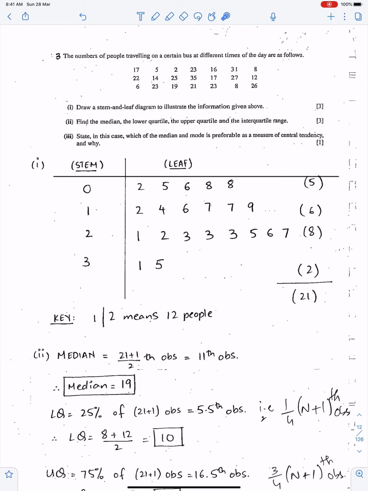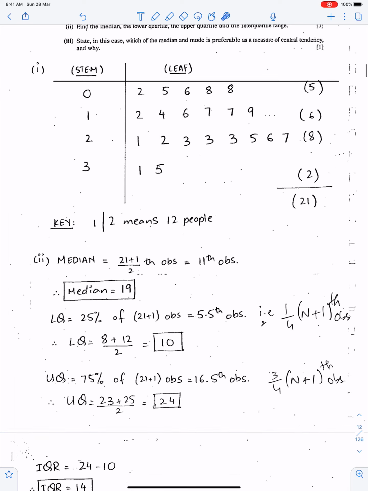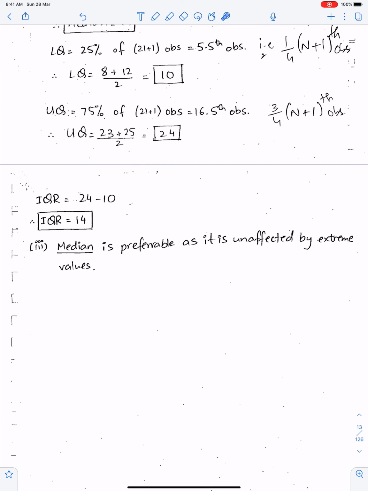Now, state in this case which of the median and mode is preferable as a measure of central tendency and why? Well, this data has mode 23, the total number of observations is 21 and median is 19. Median is preferable as it is unaffected by extreme values.